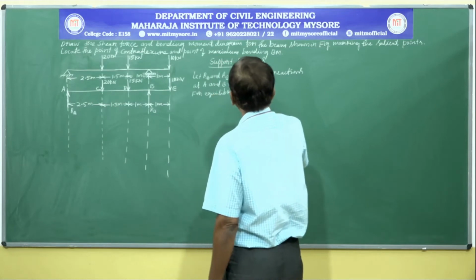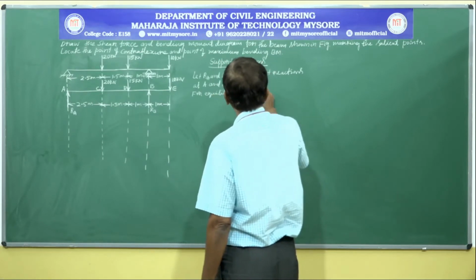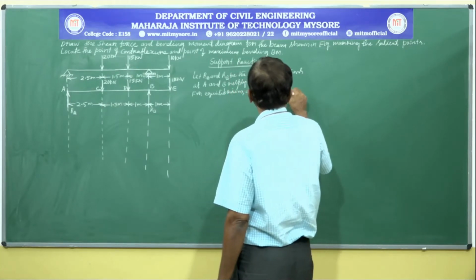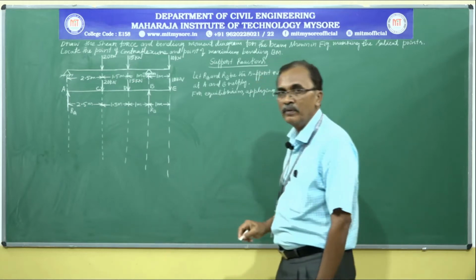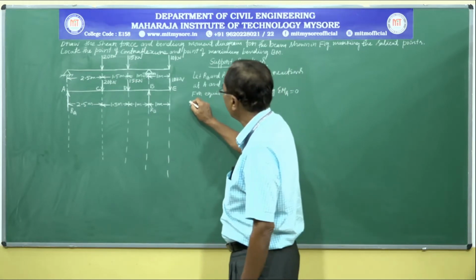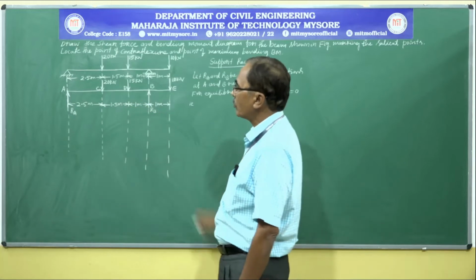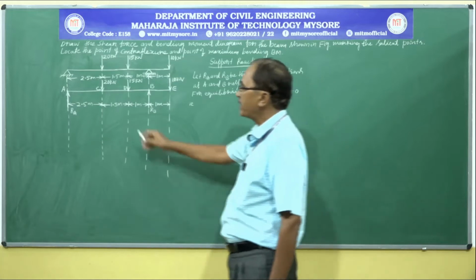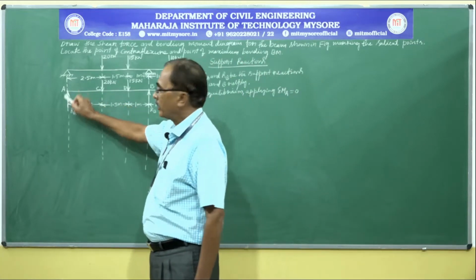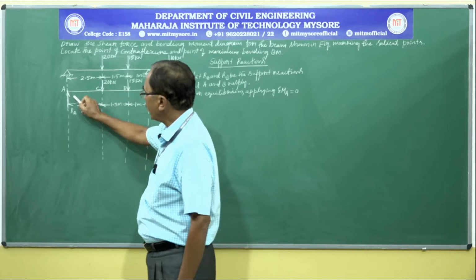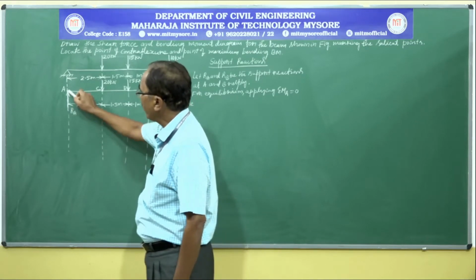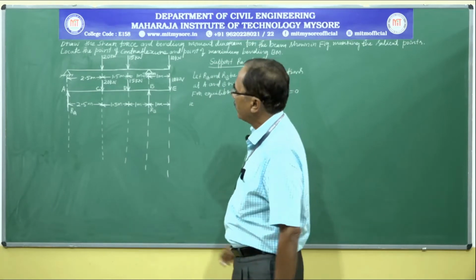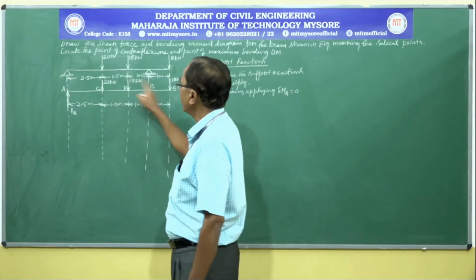For equilibrium, applying sigma M about A is equal to 0. That is, consider all the forces acting on the beam including the support reactions, and our moment center is at A. Reaction RA will not create any moment at point A, hence we are not considering it, and the remaining moments we consider.